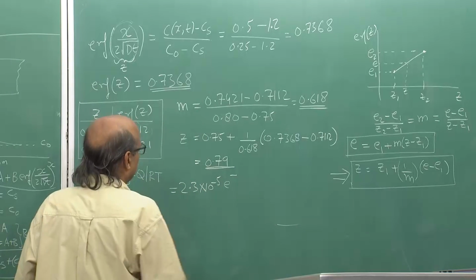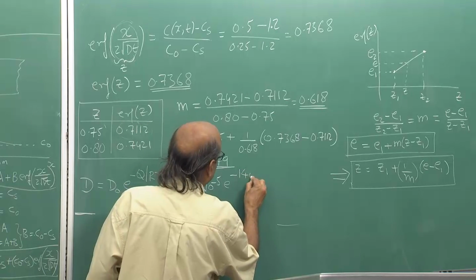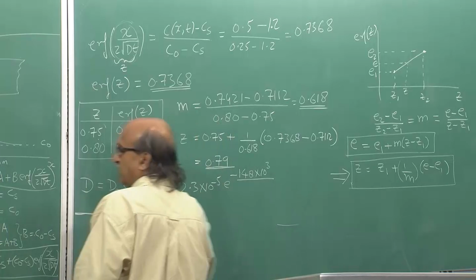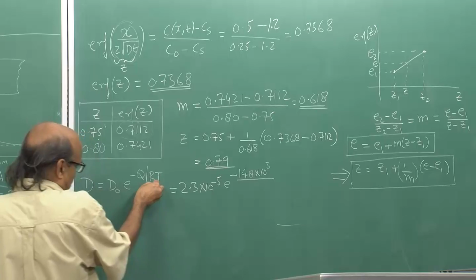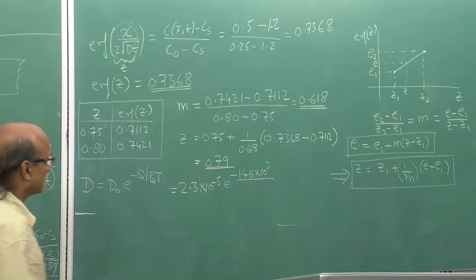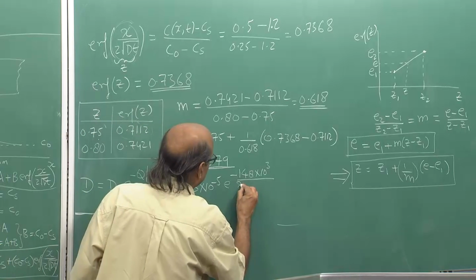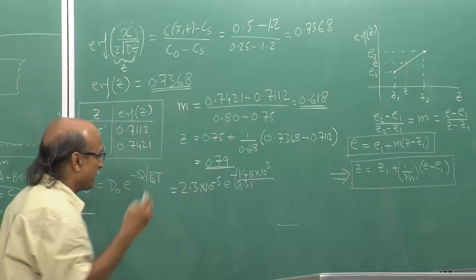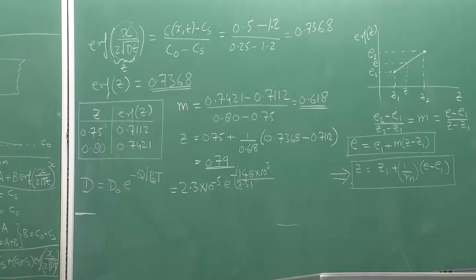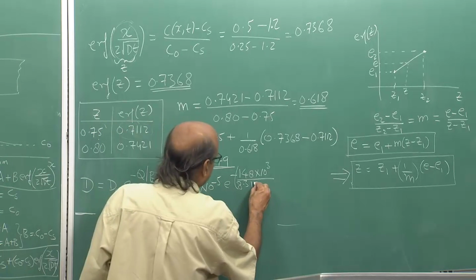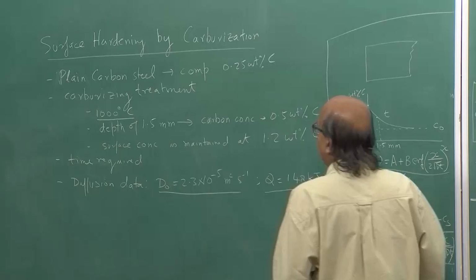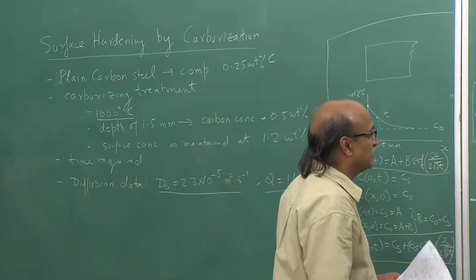Convert the kilojoules into joules. So, it is 148 into 10 cube divided by R, the gas constant, which is 8.31 joules per Kelvin per mole, multiplied by the temperature at which I am doing the carburizing, 1000 degrees centigrade.